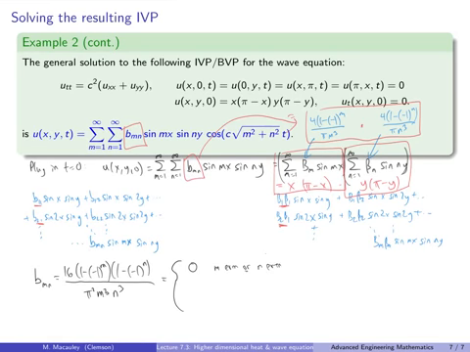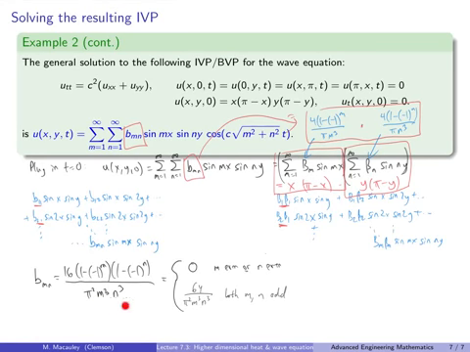Otherwise, both of these are going to be 2. So otherwise, we get 16 times 2 times 2, which is 64, over pi squared m cubed n cubed. And this is if both m and n are odd.